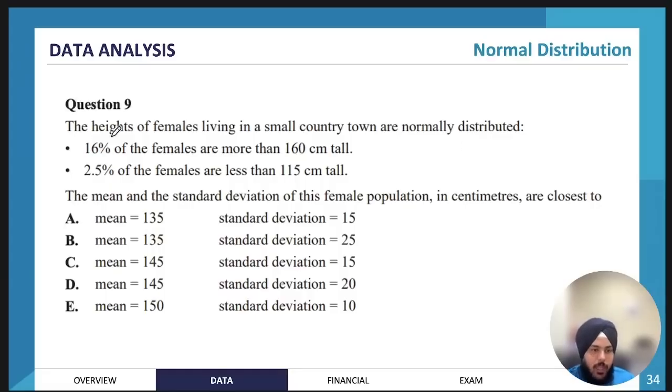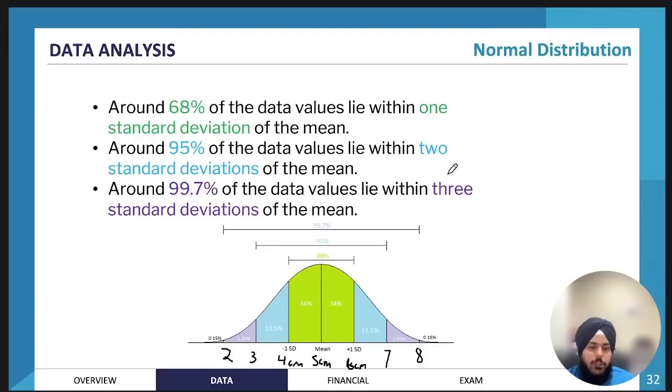So we know that 16% of the females are above 160 centimeters tall. So what do we know about the normal distribution? If we just look at the normal distribution graph quickly, we know that 68% of the data will be within one standard deviation of the mean. So how much data must lie outside one standard deviation of the mean?